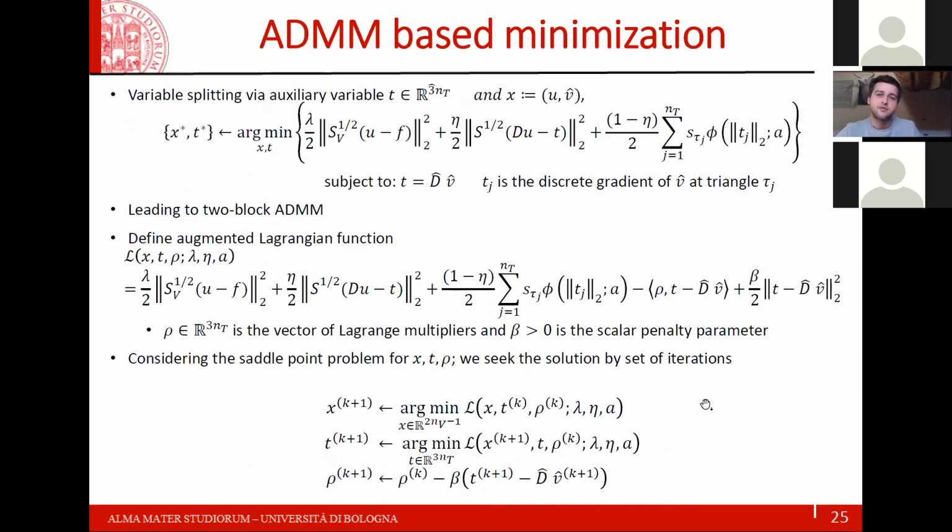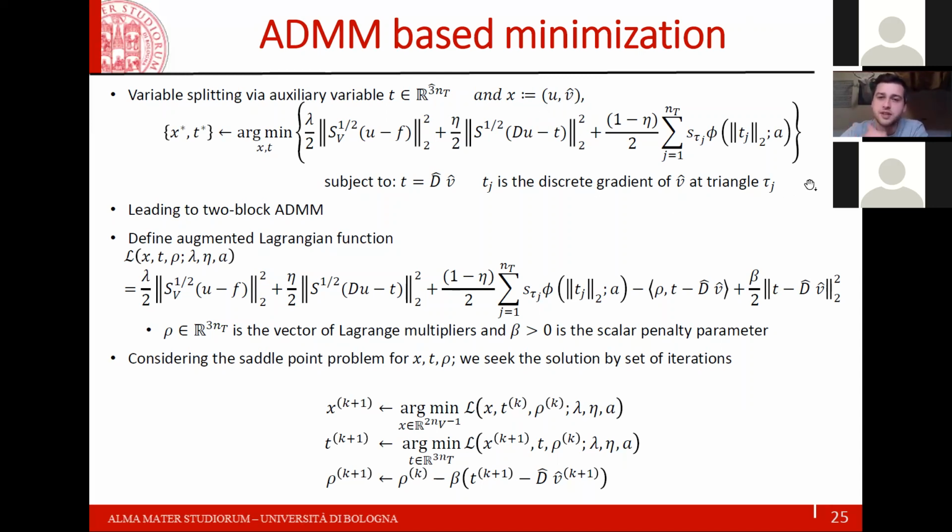So for the ADMM, which is the alternating direction method of multipliers that we have used, we have introduced an auxiliary variable t that's equal to the gradient of v, and a variable x, which consists of the piecewise smooth component, or the piecewise smooth resulting image u, and the structure component v.